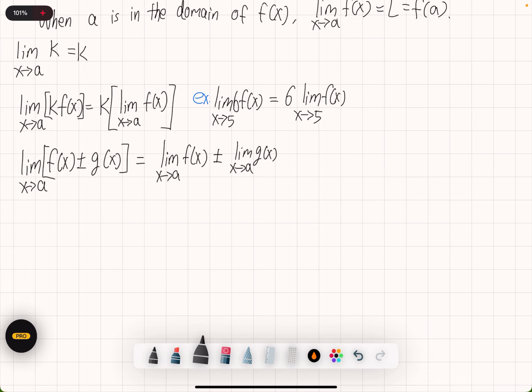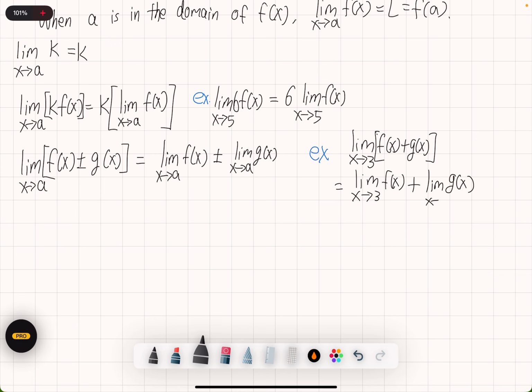So an example would be that the limit as x approaches 3 of f of x plus g of x equals the limit of f of x as x approaches 3 plus the limit of g of x as x approaches 3.